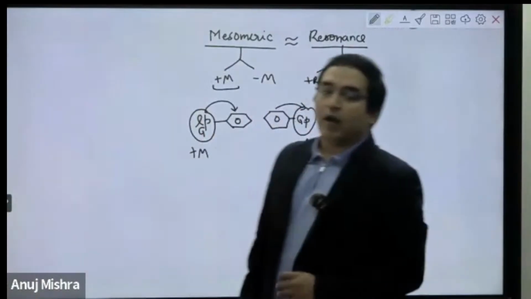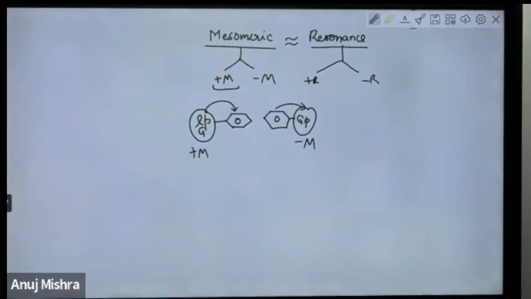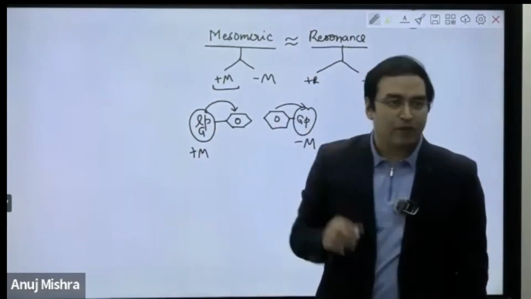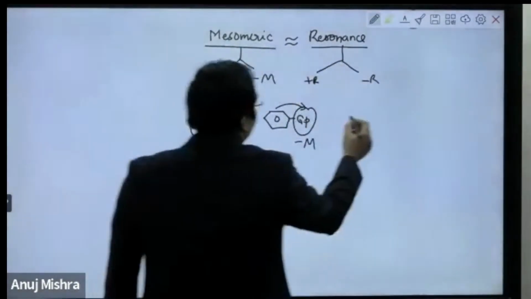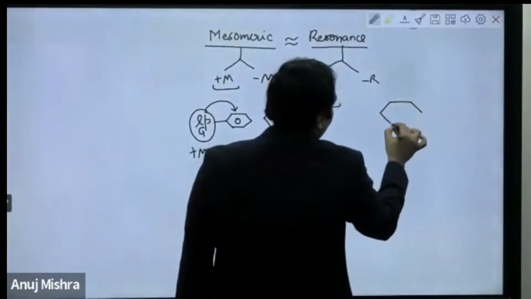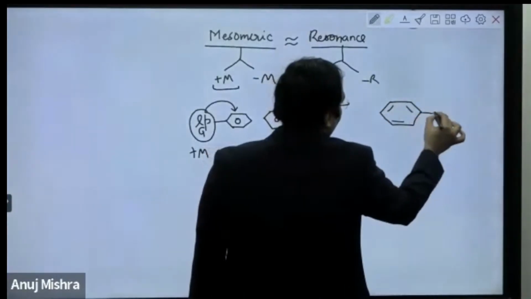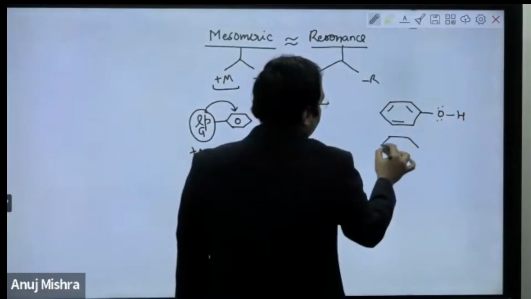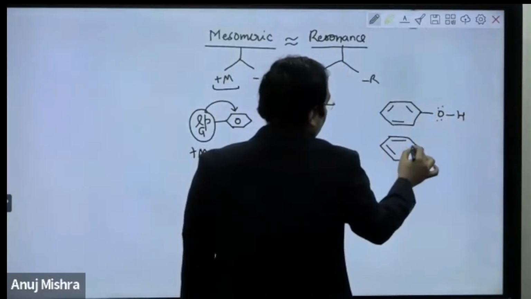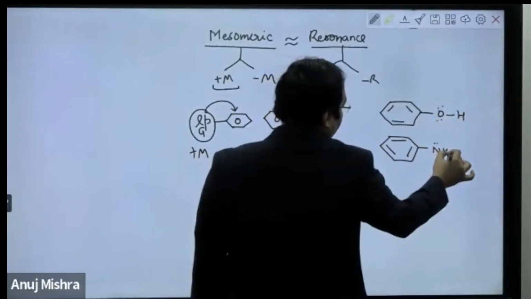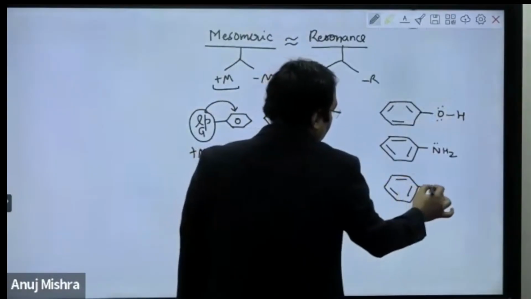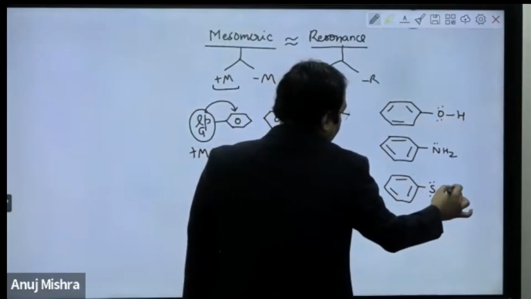Very nice. Now, how will you recognize whether it is plus M or minus M? इसका बहुत simple criteria मैं देता हूँ. If you have a group which has a lone pair, it will mostly send electrons inside the ring. I'll show you something. Let's say we have a ring like this, and I put OH, or a ring like this, let's say put NH2, a ring like this, SH.